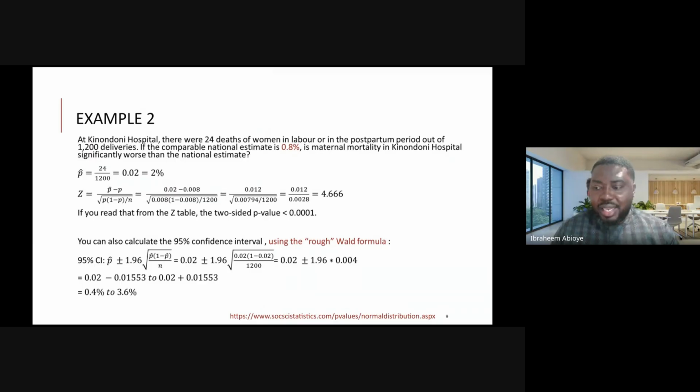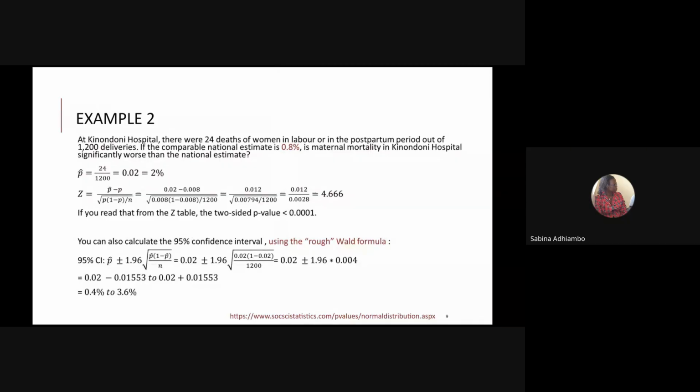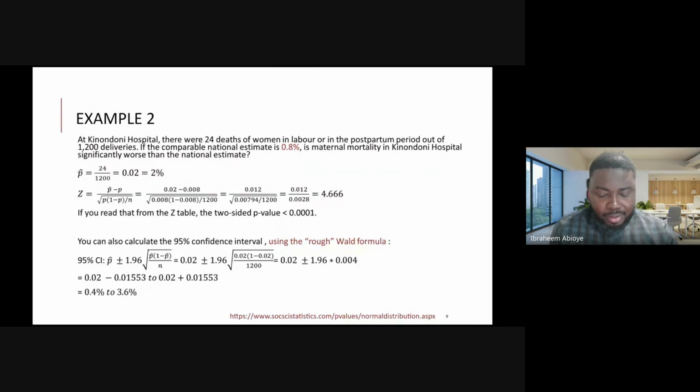Okay, good. Does anybody else in the class agree or disagree? I agree. Okay. All right. Thank you. So 24 over 1,200. So we want to compare this proportion, this estimate, to a comparable national estimate, 0.8%.